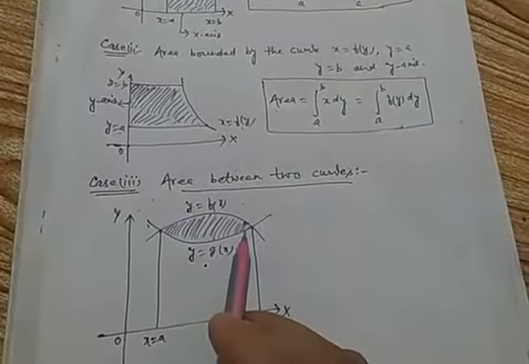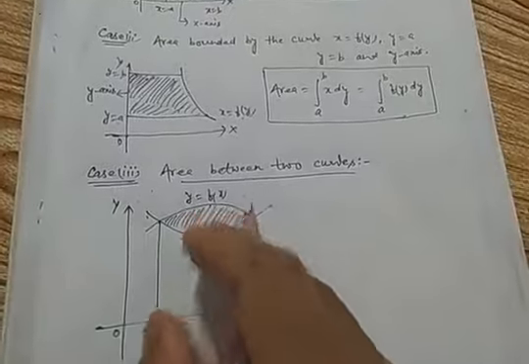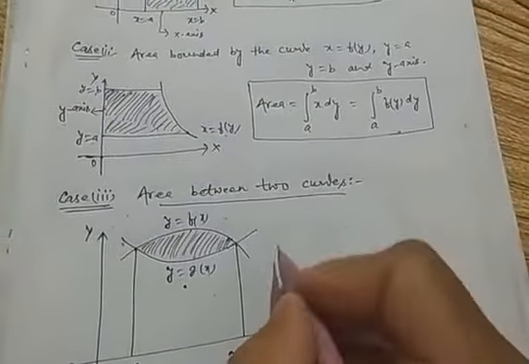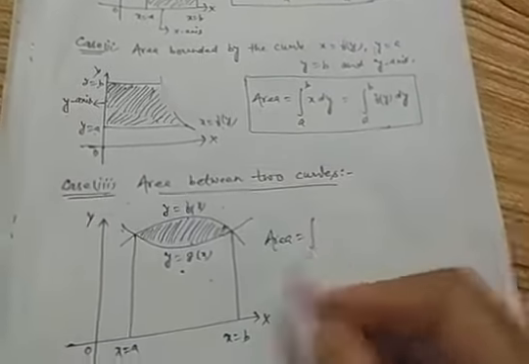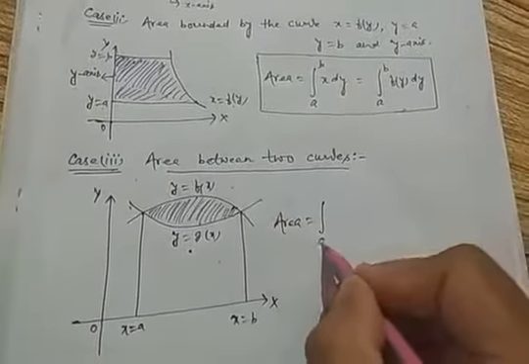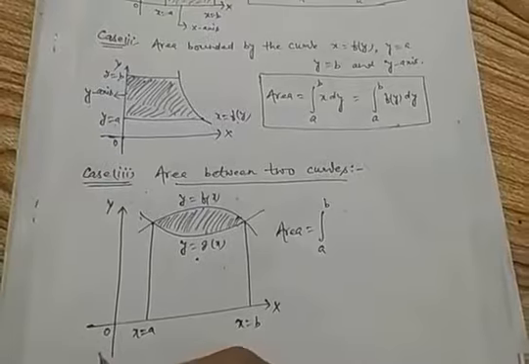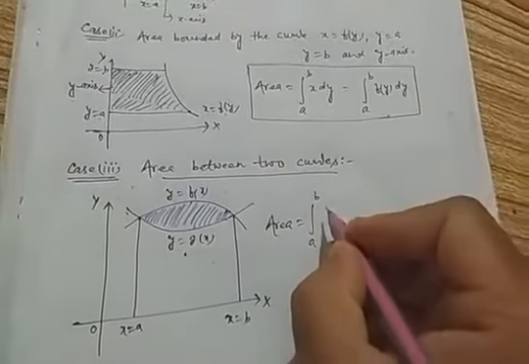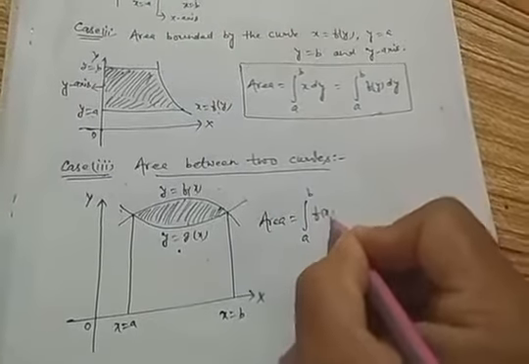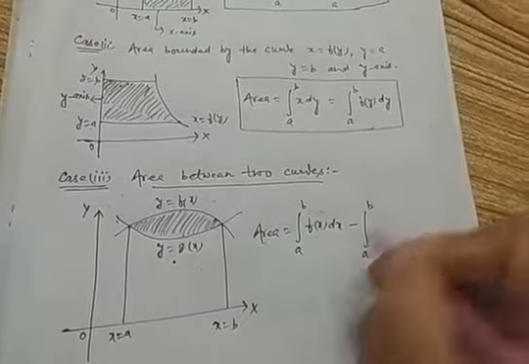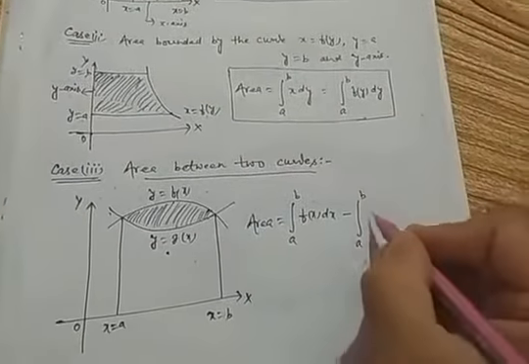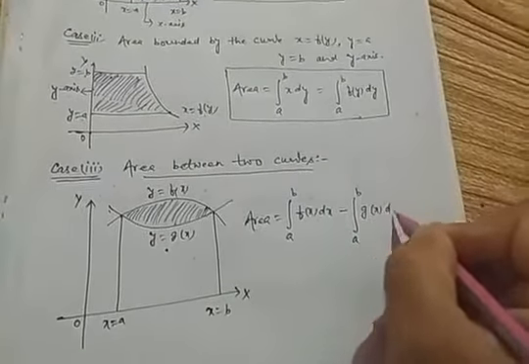So for finding the area of this shaded region, students, the area is equal to the integration from a to b of f(x) dx minus the integration from a to b of g(x) dx.